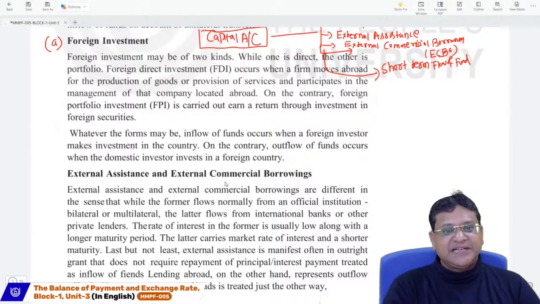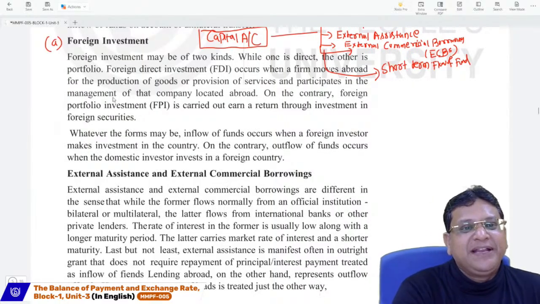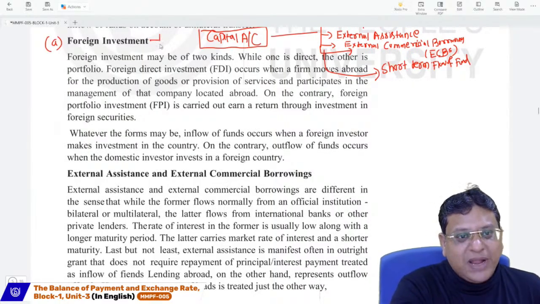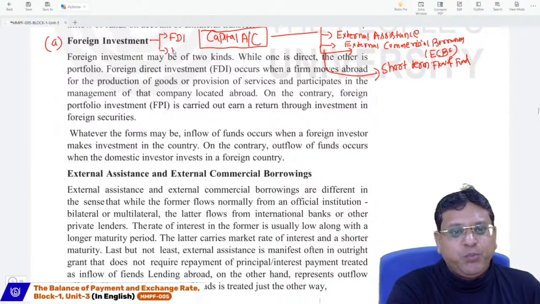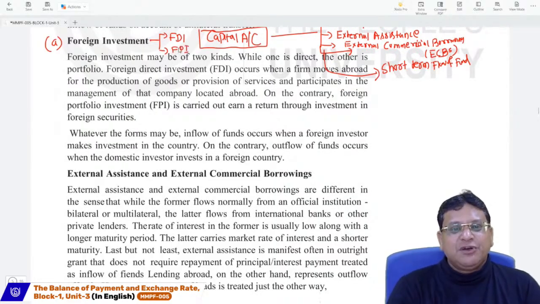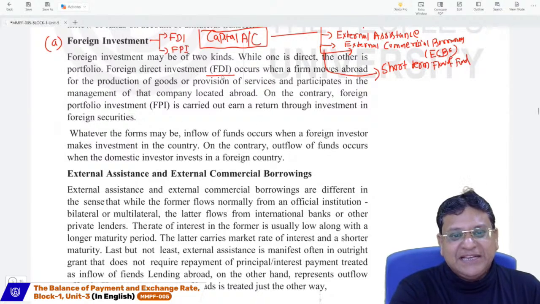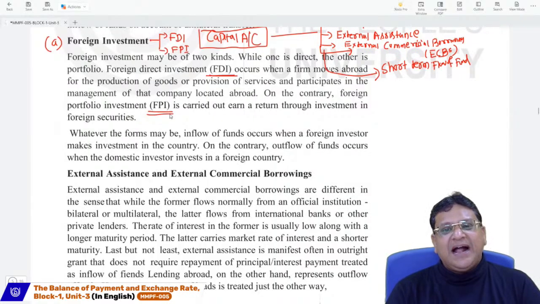The foreign investments can be classified into two parts. One is known as foreign direct investment, FDI. Another is known as foreign portfolio investment, FPI.